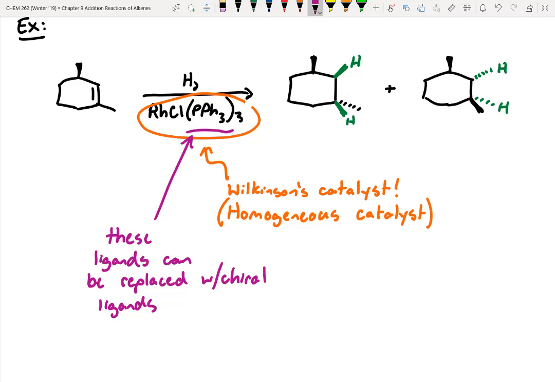Yeah, you might be able to exclusively get one stereoisomer over the other. So it's becoming a big deal, especially in the drug industry, when you want to make exclusively one enantiomer over the other. You often have to use these fancy chiral catalysts. So these ligands can be replaced with chiral ligands, which results.